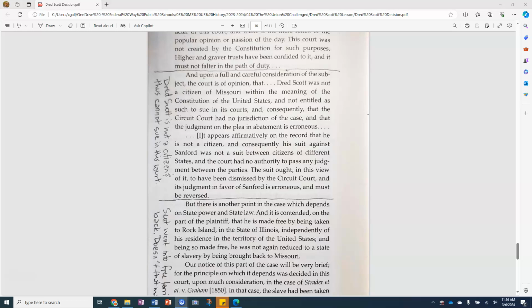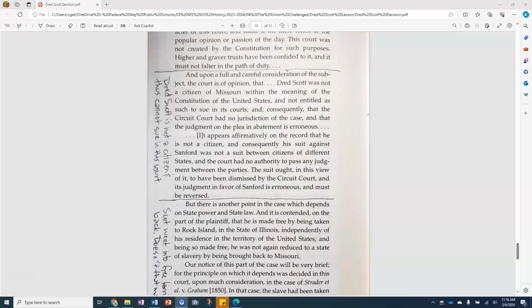All right, back to the text. And upon a full and careful consideration of the subject, the court is of the opinion that Dred Scott was not a citizen of Missouri within the meaning of the Constitution of the United States, and not entitled as such to sue in its courts, and consequently that the circuit court had no jurisdiction of the case, and that judgment on the plea in abatement is erroneous.